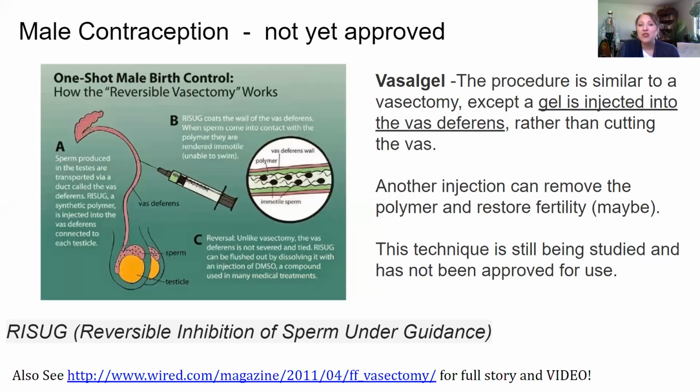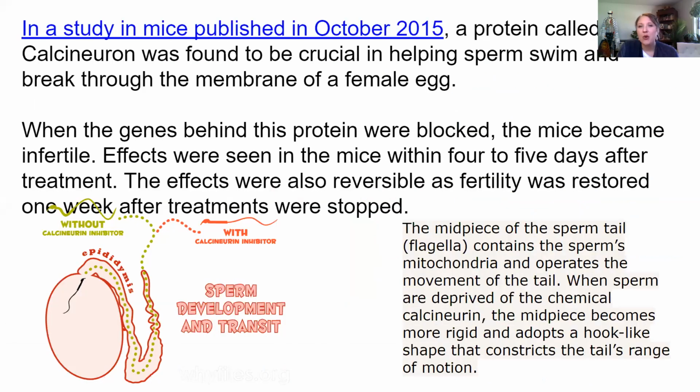There are a couple options for male contraceptives, but very few of them are approved yet. Last I checked, none of these are. They're looking into ways that gels can be injected into the vas deferens. It's a more temporary situation than just getting a vasectomy. There's also a study that was done on a protein that affects how well sperm can swim.